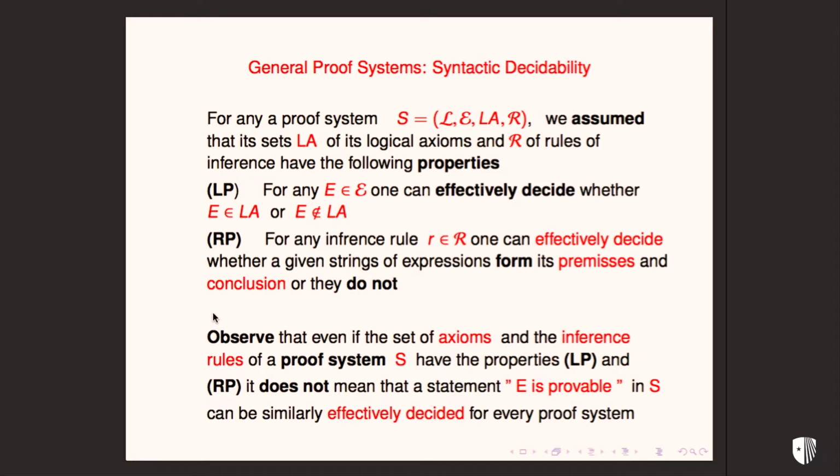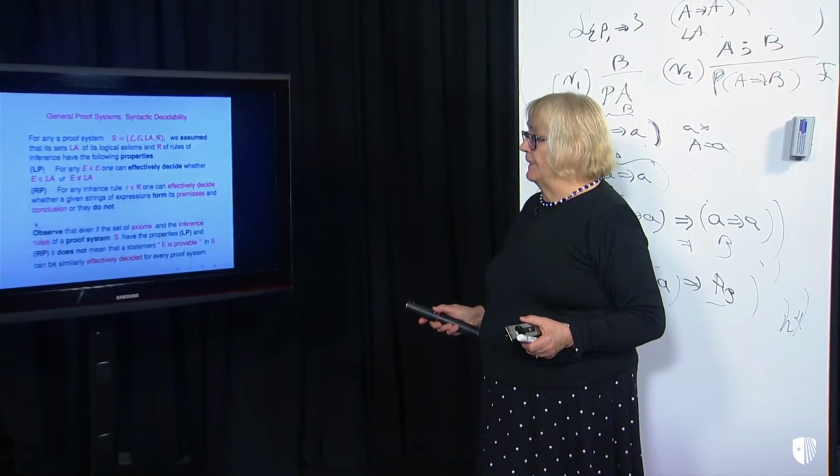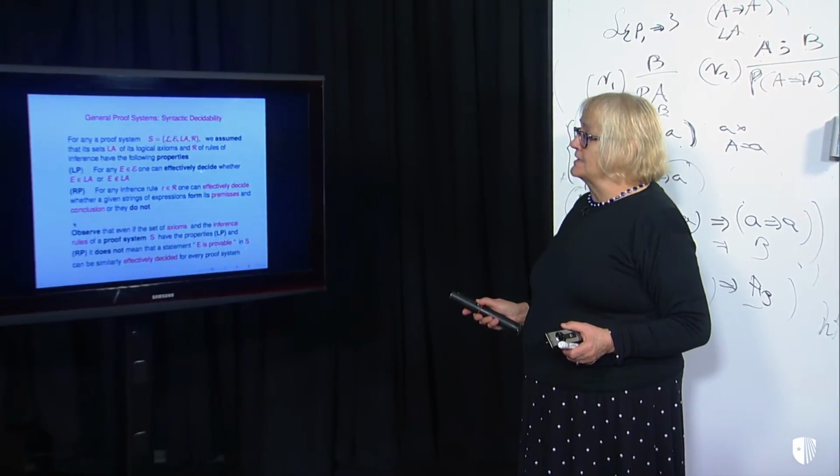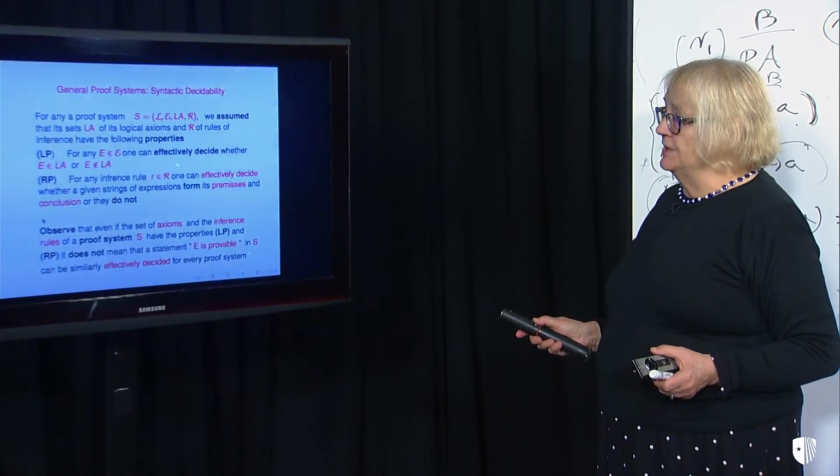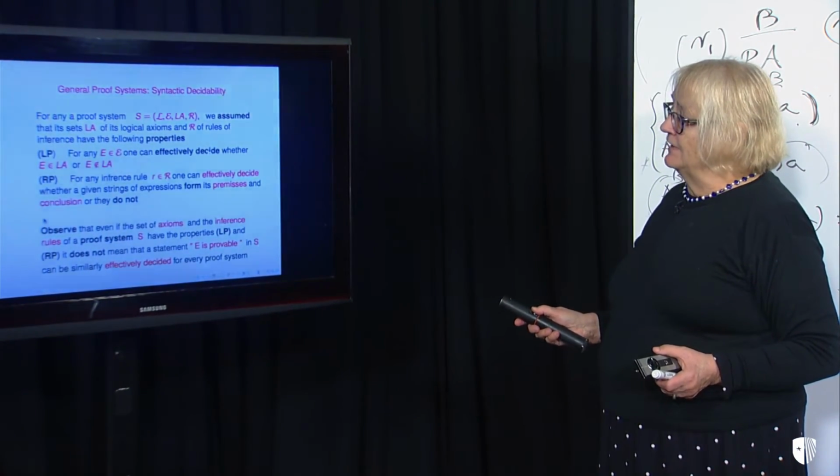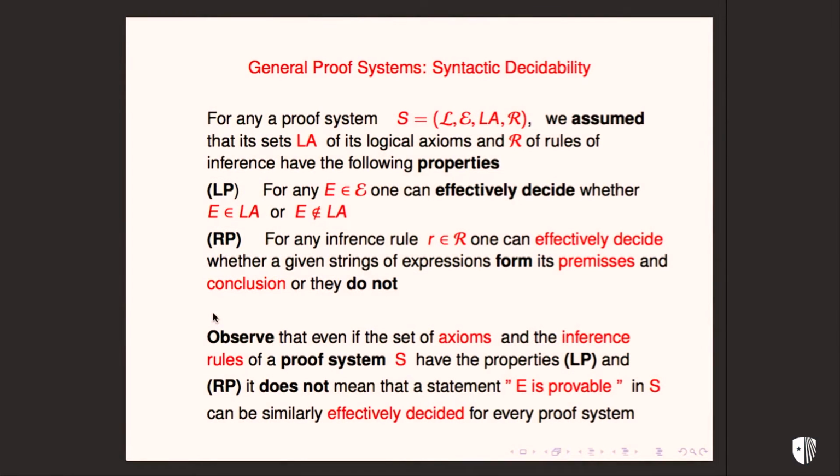So let's think about decidability in general sense. For any proof system, we assume two properties, we already did assume those properties. First, that we can always decide for any expression whether the expression is an axiom or not, because that was our assumption about the system.